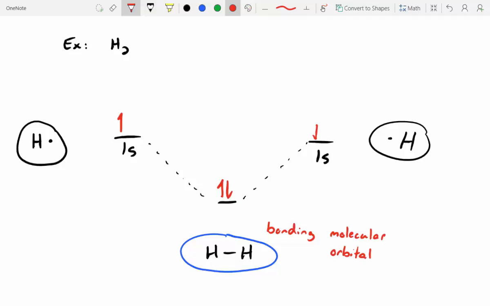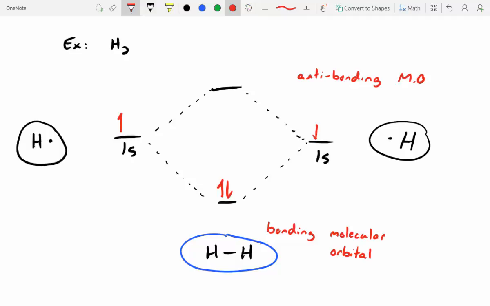However, there's also an orbital that exists at a higher energy position, and this is referred to as our antibonding molecular orbital. This antibonding molecular orbital doesn't have any electrons in it right now, right?